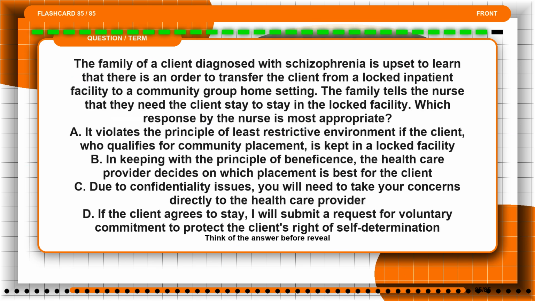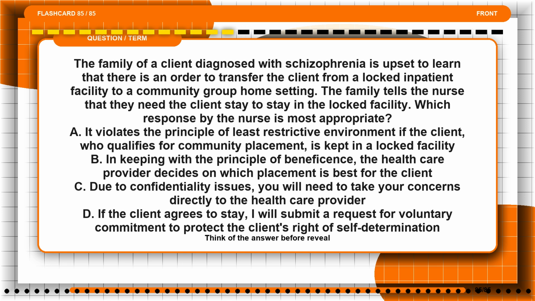Flashcard 85. The family of a client diagnosed with schizophrenia is upset to learn that there is an order to transfer the client from a locked inpatient facility to a community group home setting. The family tells the nurse that they need the client to stay in the locked facility. Which response by the nurse is most appropriate? A. It violates the principle of least restrictive environment if the client, who qualifies for community placement, is kept in a locked facility.